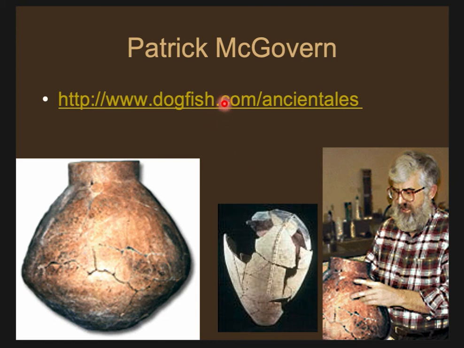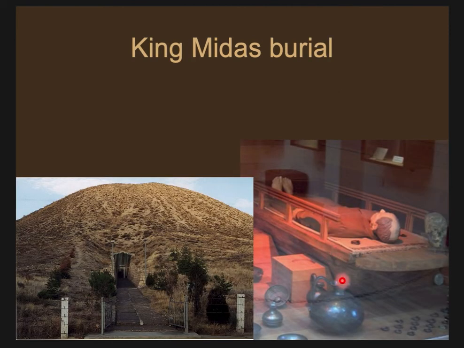He worked with the Dogfish Head Brewing Company to recreate some of these ancient brews, including a mixture of beer and wine that was found inside of one of these vessels in the tomb of King Midas. Yes, there actually was a King Midas. He was buried in a tumulus here, you could see, in modern-day Turkey. So that's mass spectrometry.